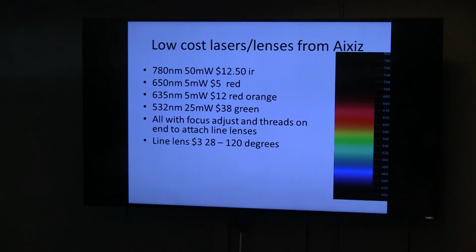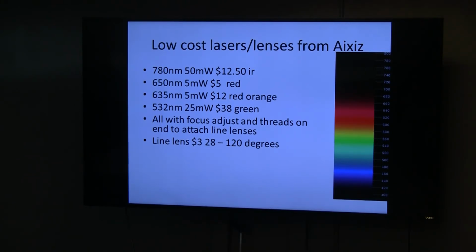What do you mean, this laser? Yes. It just has a line lens on it, and you align it so the line is horizontal. And I have a filter on it, it's called a long pass filter. But I just wanted to give you an idea of what the laser was: $12. The line lens was like $3, and you can get them in different widths.